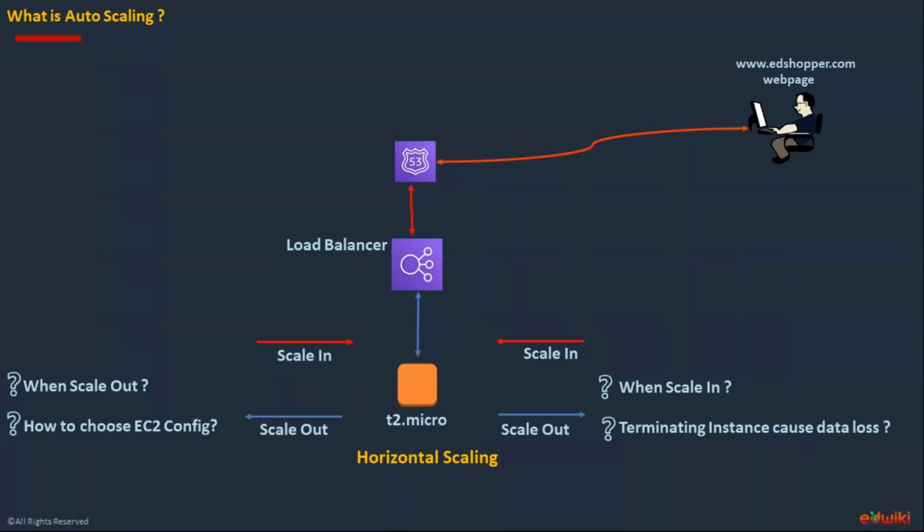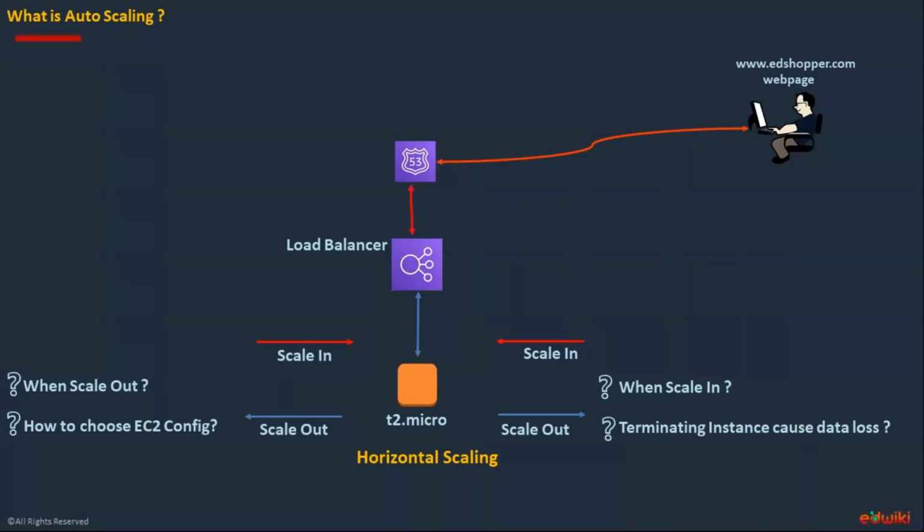And more importantly, when there is a scale in, that means when it is terminating the server automatically, when it feels that, hey, the server is no more needed, do you think there is any data loss, guys, when the server gets terminated? Because when the server gets terminated, the server is pretty much gone. You can't get it back, right? Even the corresponding volumes that are attached to the EC2 server will also get deleted, everything.